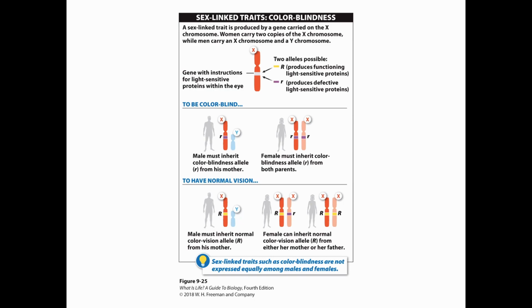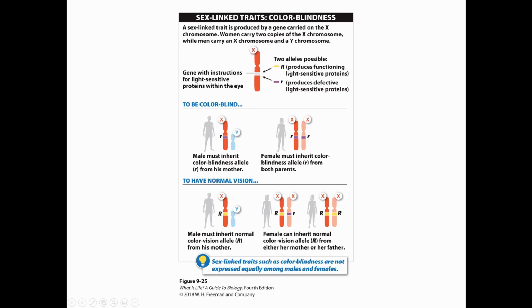So let's go ahead and look at color blindness. There is a gene on the X chromosome that basically produces light-sensitive proteins within the eye. There are two different alleles possible: the capital R, the dominant allele that produces functioning proteins, and the recessive little r that produces defective ones.